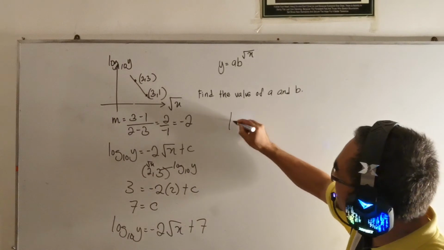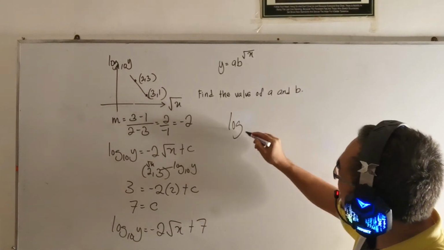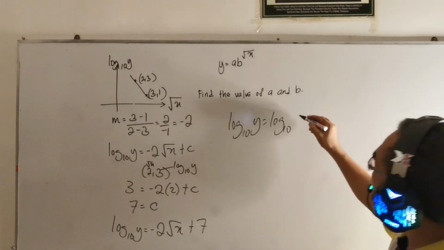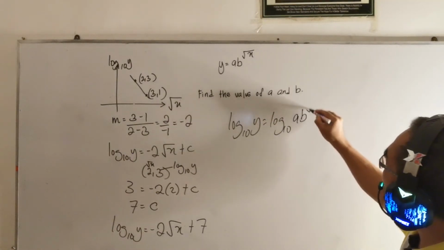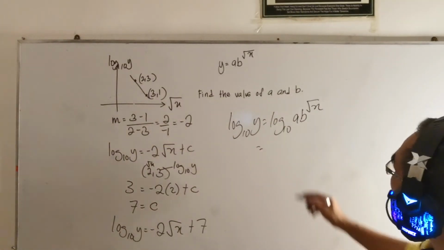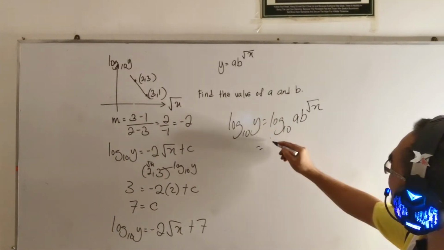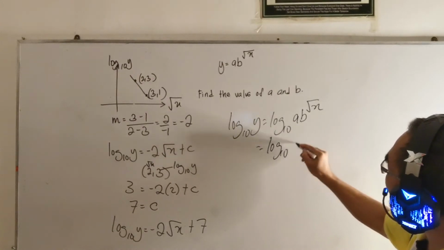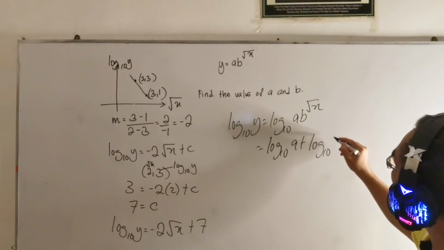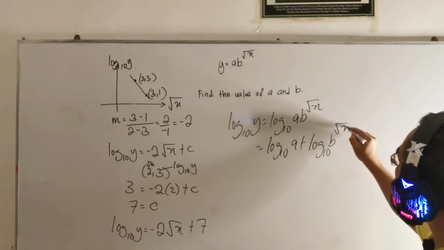So I will substitute here: log 10y equals log 10 of ab to the power of square root of x. Using all the knowledge about logs, we can separate this into log 10a plus log 10 of b to the power of square root of x.